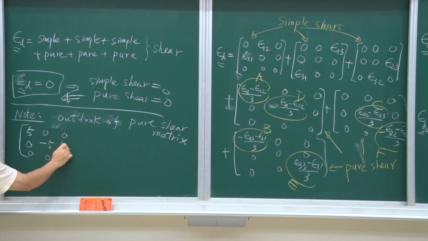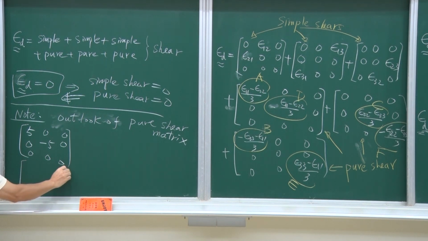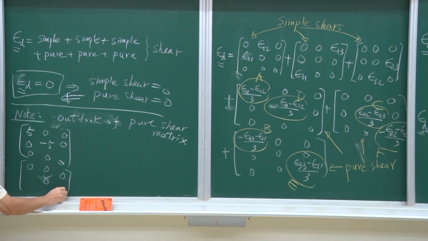Then it is pure shear because you have the shear in one direction extend, in the other direction contract, by the same amount. Or like this. So when the diagonal terms, one is plus and one is minus, and the absolute values of them are equal, then it is the pure shear.